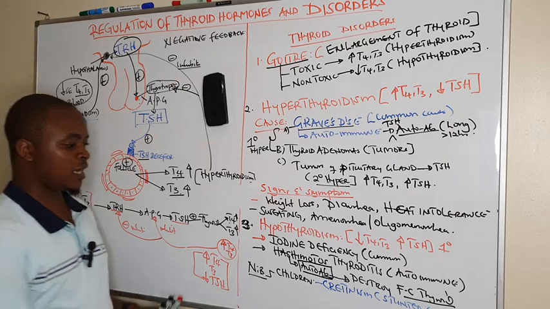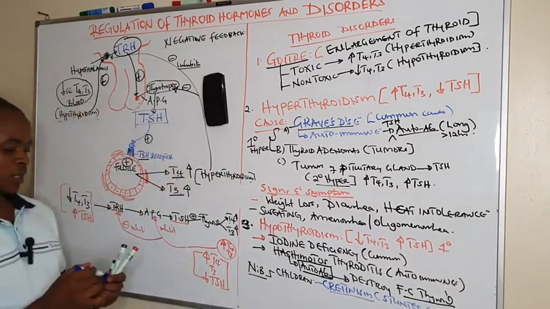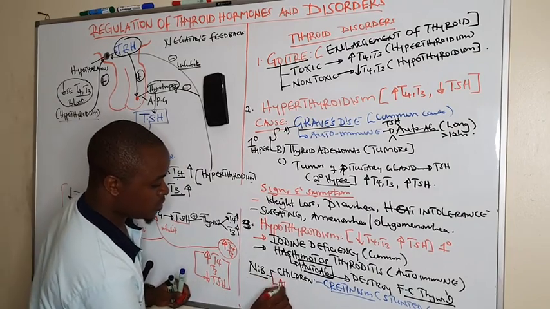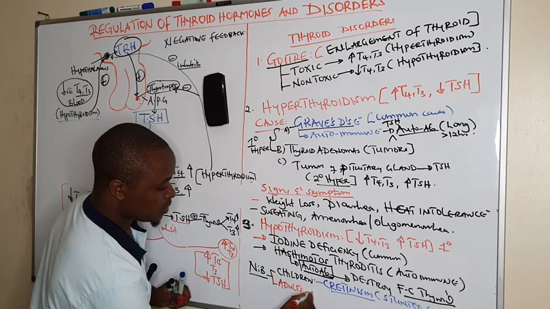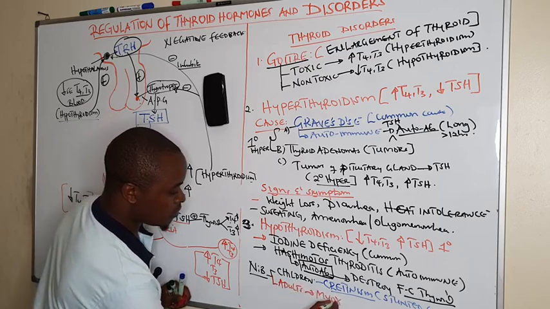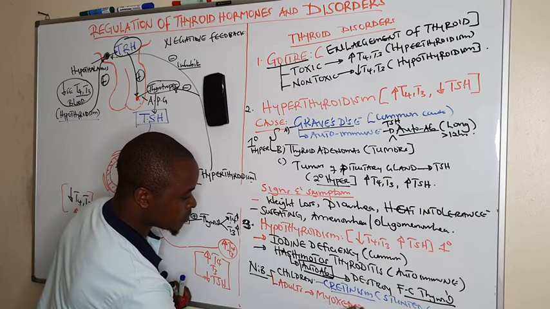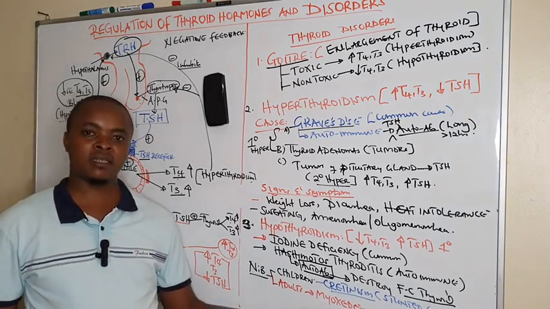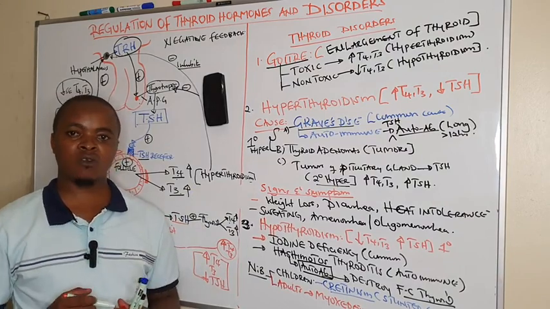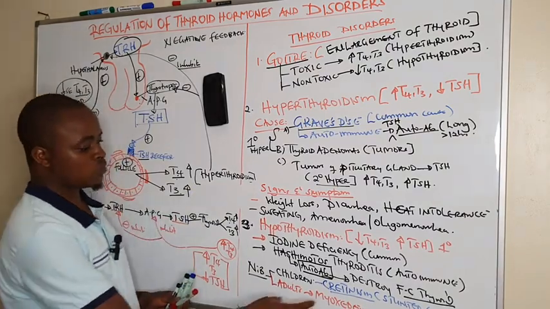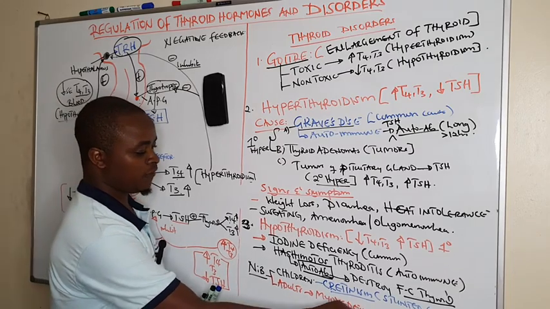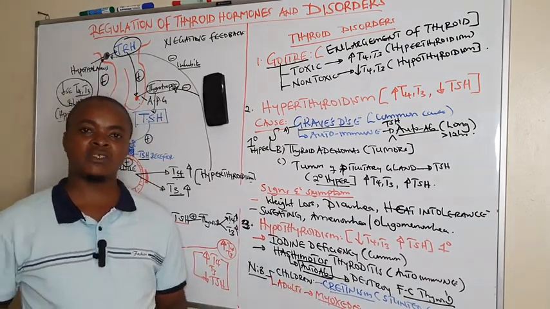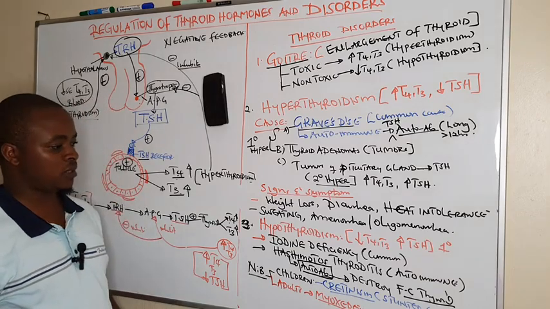So in children, it can lead to cretinism. Then in adults, it causes myxedema, whereby this myxedema is characterized by swelling of the face and the lower limbs. So you find someone is swelling on the lower limbs and the face. This is what we call myxedema in adults, whereas cretinism is in children.